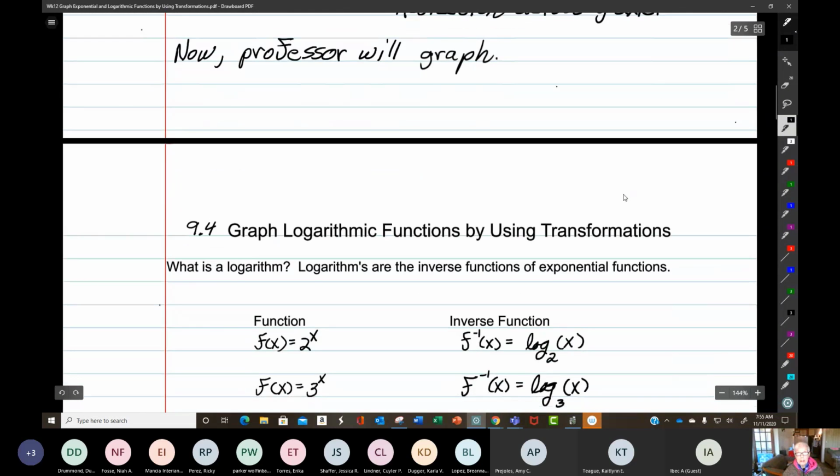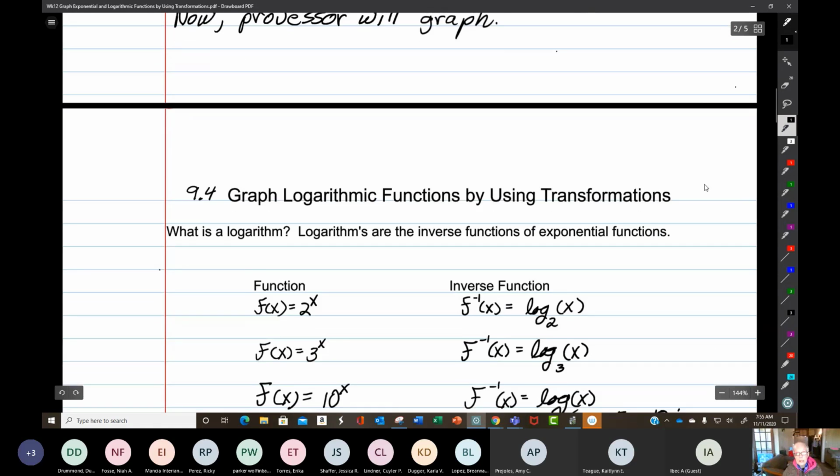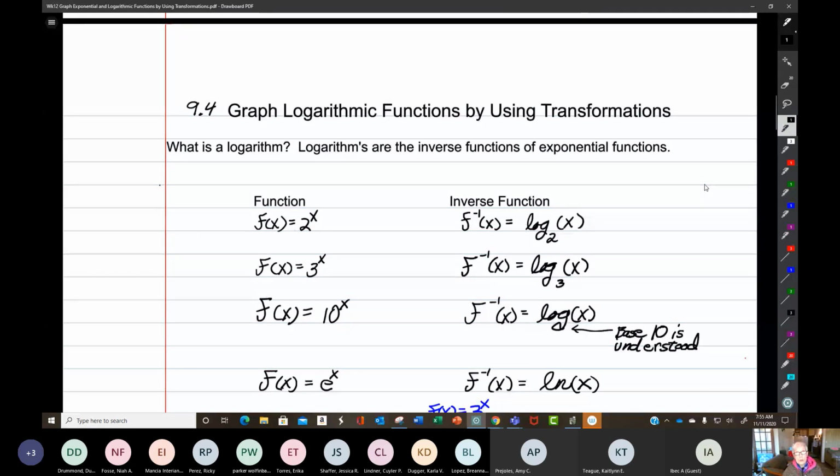Here's your new world. If you've never had college algebra or algebra 2 in high school, then you have never heard of a logarithm. But if you're in medicine, it's really important.